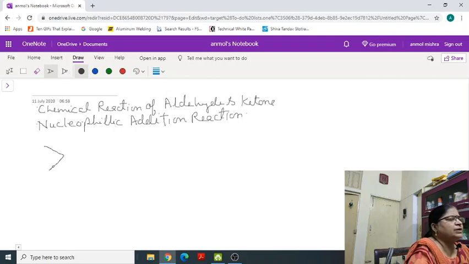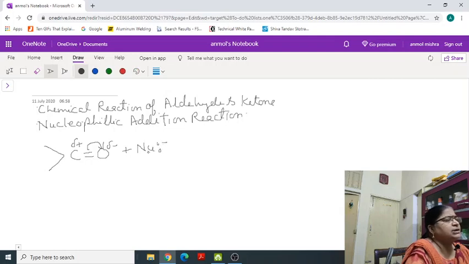Now, when the carbonyl group reacts with the nucleophile, this oxygen is electronegative, so it acquires partial negative charge and the carbon acquires partial positive charge. When the nucleophile is added, it attacks the electrophilic carbon center perpendicular.